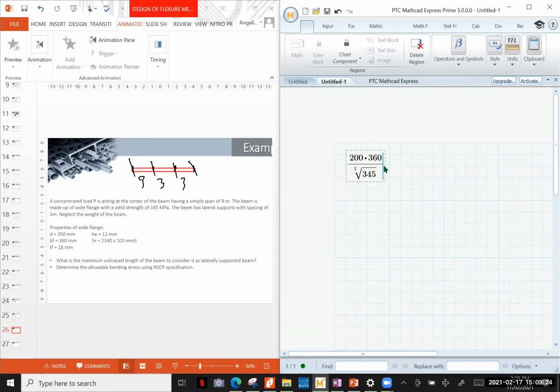Ito yung equation ng LC. So, your LC is divided by 1,000 para maging millimeters. So, this is 3,876.36 millimeters. So, your LC is equal to 3,876 mm.